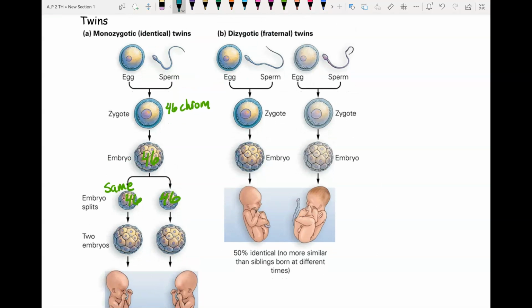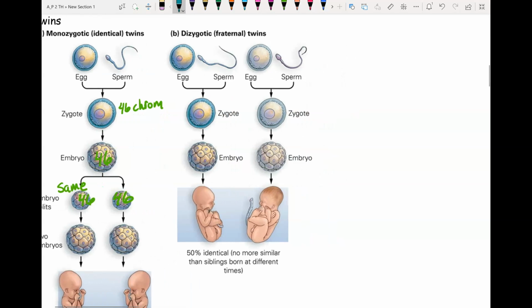Then you can have fraternal twins or dizygotic. So di means two. This is when the woman releases two eggs. And each egg is fertilized by a separate sperm.